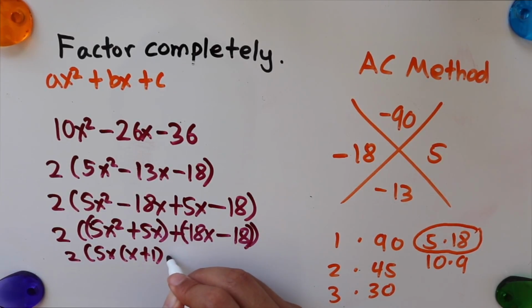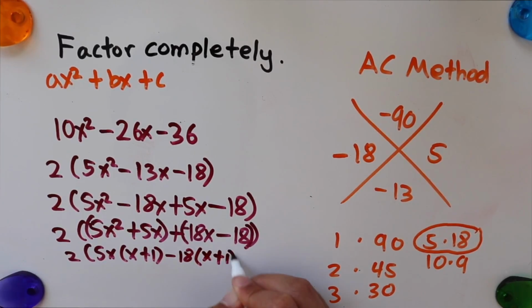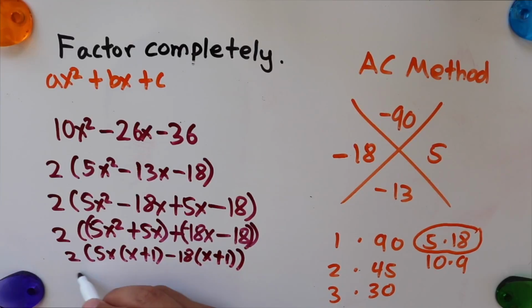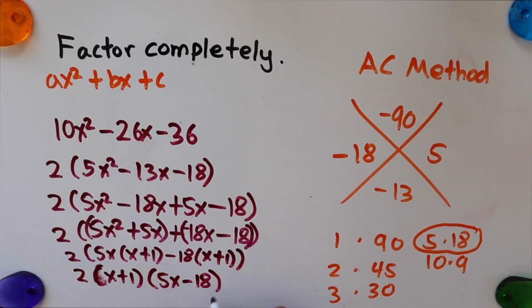So when I factor out a negative 18, we get an x plus 1 in common between these two new giant terms. So when we factor the x plus 1 out, we reach our final answer: 2 times x plus 1 times 5x minus 18.